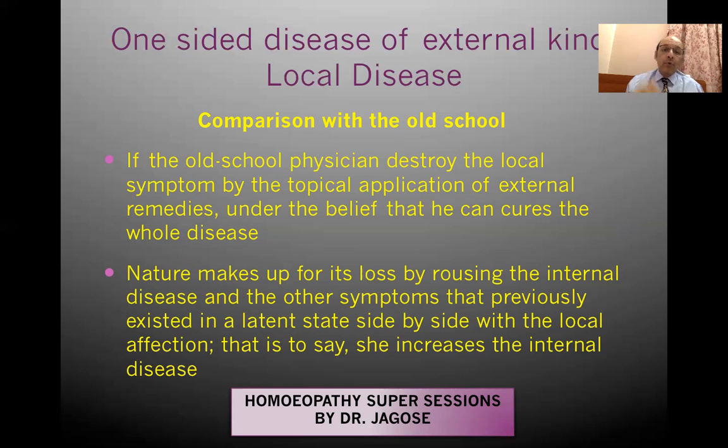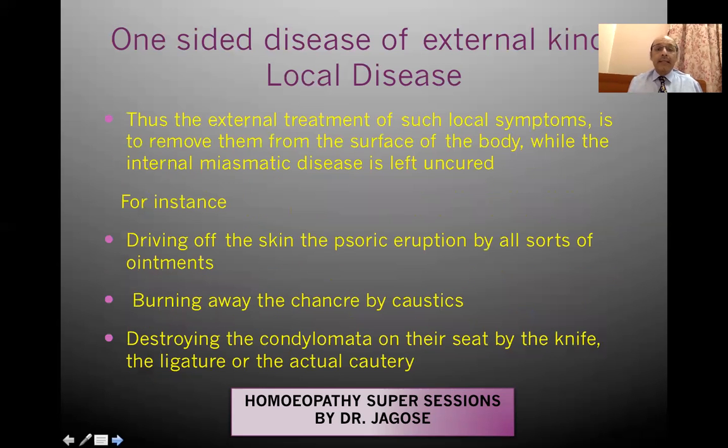So if you do such a practice as the old school did, then nature will make it up and side by side arouse the miasm which lay in the latent state in the interior of the body, and it will increase the disease. Thus, the external treatment of such local symptoms only removes them from the surface of the body while the internal miasmatic disease is left uncured.